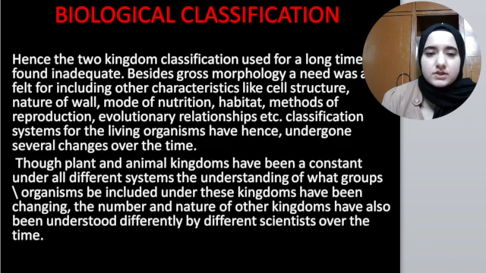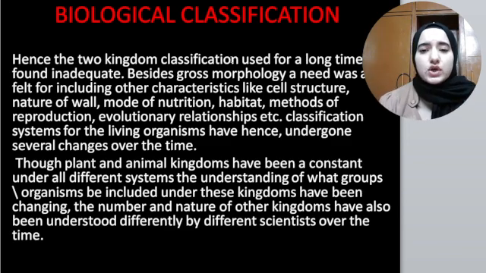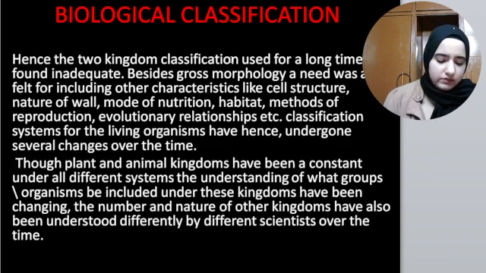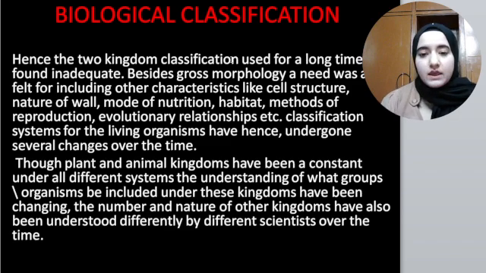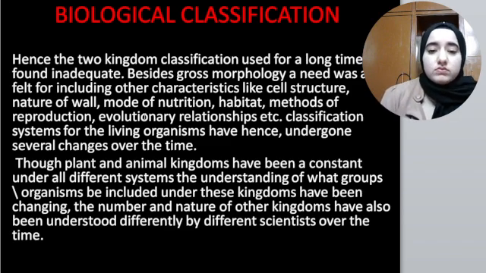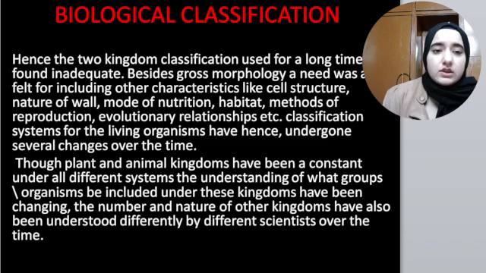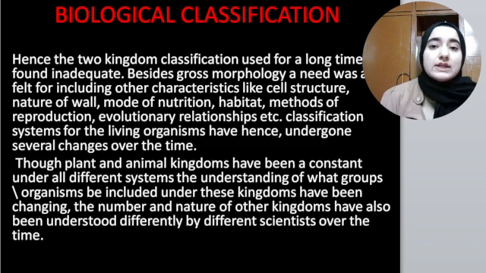We should accept this, okay? So two kingdom classification was used for a long time, but we don't use it anymore. What we do nowadays, which classification do we study? We study five kingdom classification, okay?